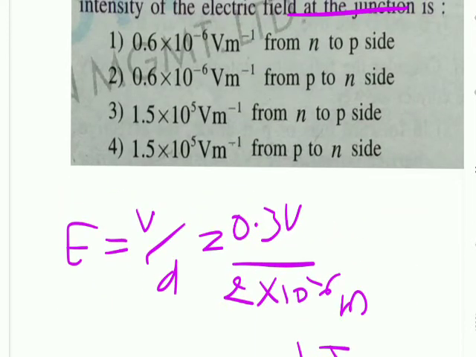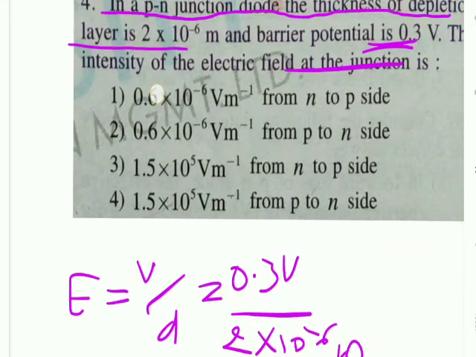Check the answer: 1.5 into 10 to the power of 5 volts per meter, from N side to P side.